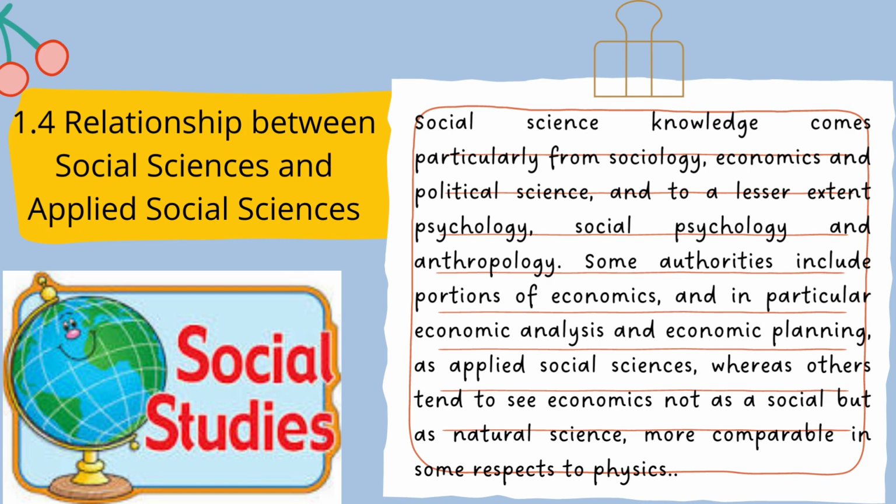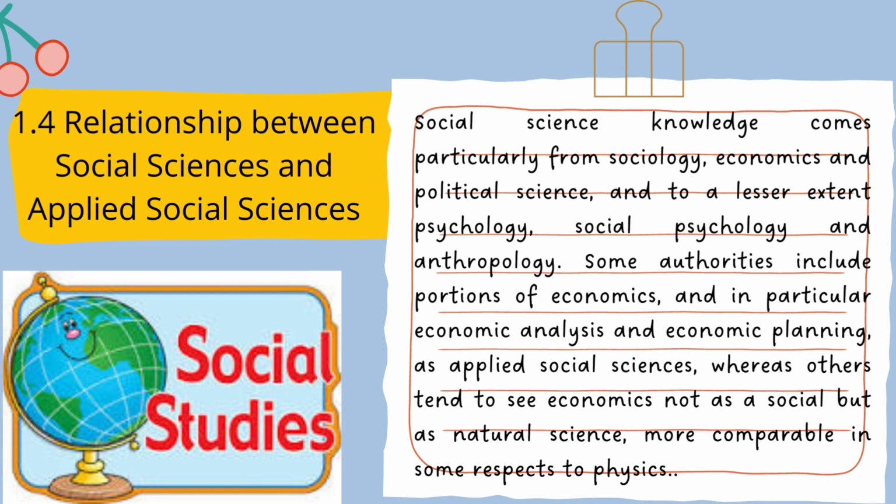Now, some authorities include portions of economics, in particular economic analysis and economic planning, in applied social science, while others tend to see economics not as a social but as a natural science. Hindi natin masyadong maiintindihan ito kasi napaka-deep ng mga ideas. Pero along the way, you will understand ano ba talaga si applied social science.